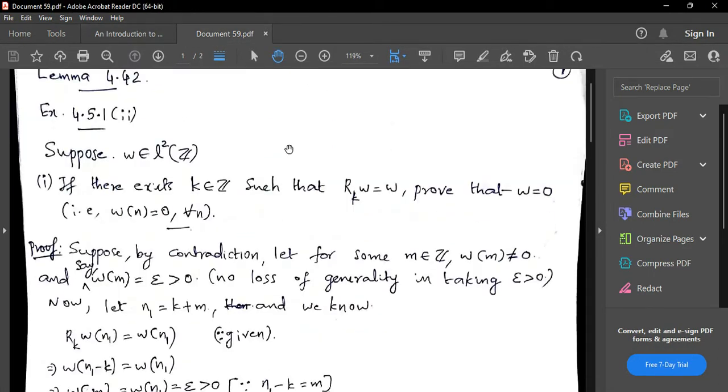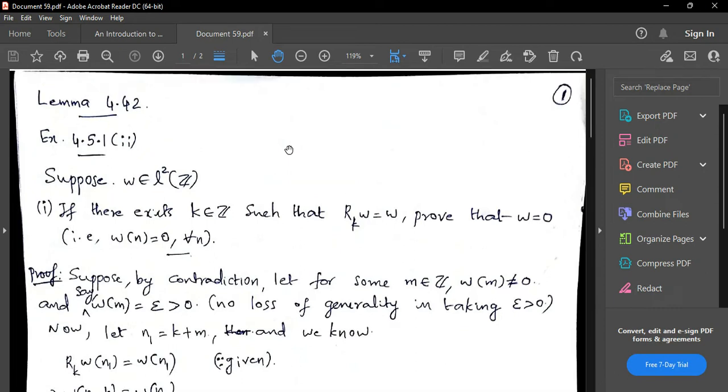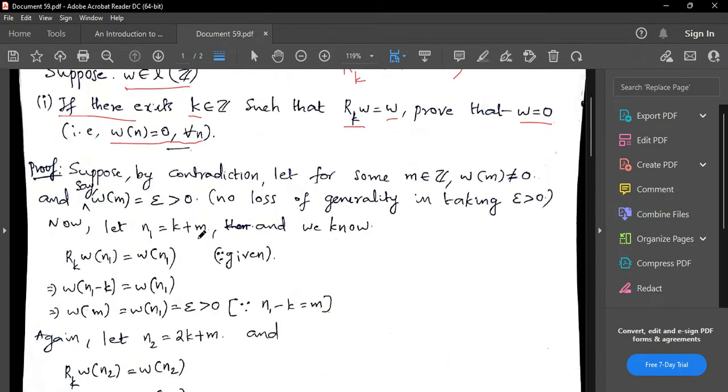For this we have this note and Lemma 4.4.2, first part: suppose that w belongs to L2 of Z, and if there exists an index k such that Rkw of n is equal to w of n for all n, then we can prove that w is equal to 0, that is, w of n is equal to 0 for all n.